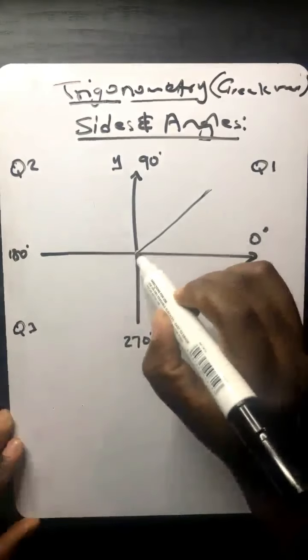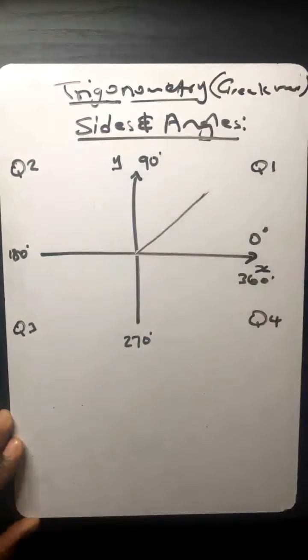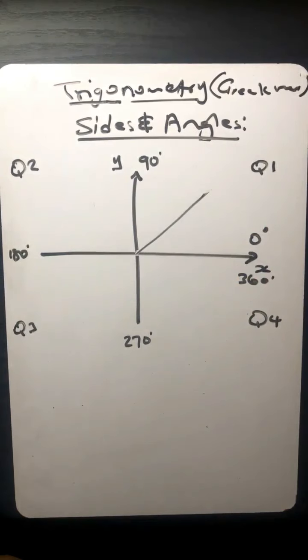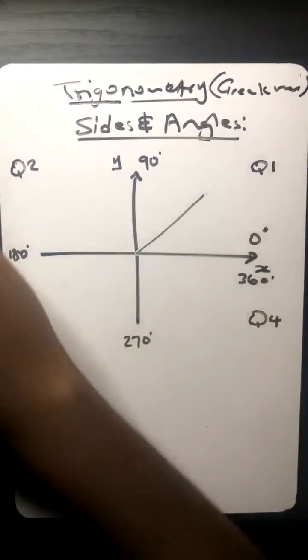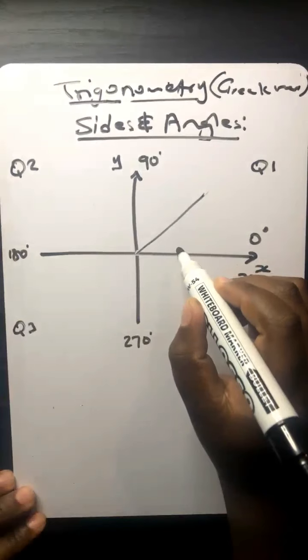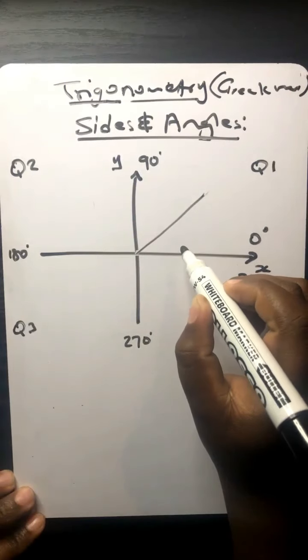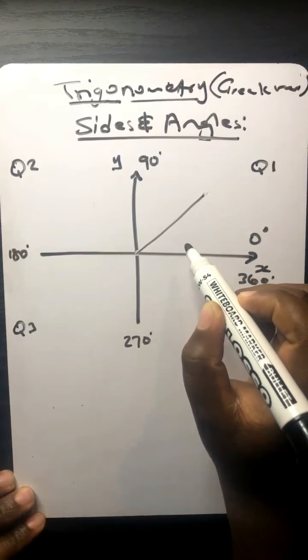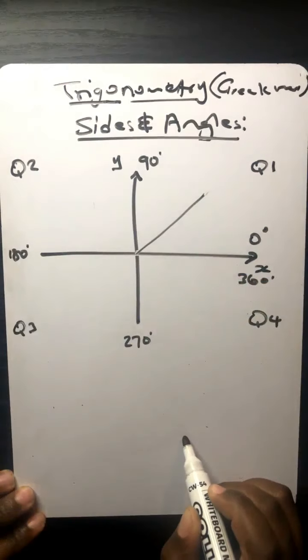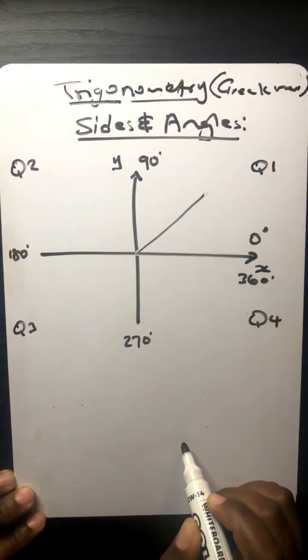This line, we call it a terminal side. Don't worry too much about what a terminal side is. Then we've got an angle which we call the inclination angle. Most importantly, the inclination angle is measured in an anti-clockwise direction.